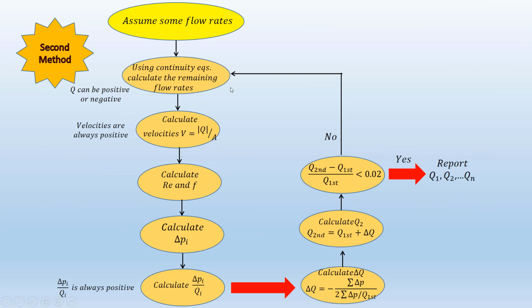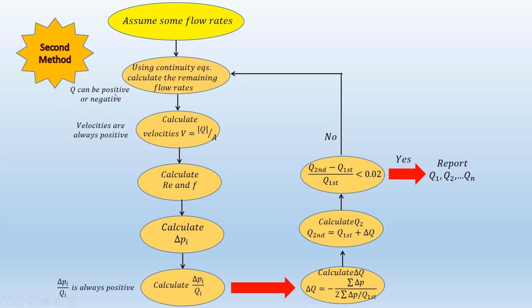Here you can see the actual flow chart for the second method. We start from some flow rates, 2 or 3 flow rates. In most cases, for this course, 2 flow rates is enough. Then you can find the other flow rates by using the continuity equation. Now you have all the Q's, and you can find the velocities.